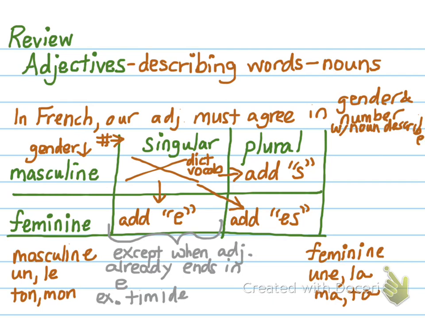That's the masculine singular form of this adjective. The masculine singular and the feminine singular are exactly the same because timide already ends in an E, so we don't add an extra E to make it feminine.